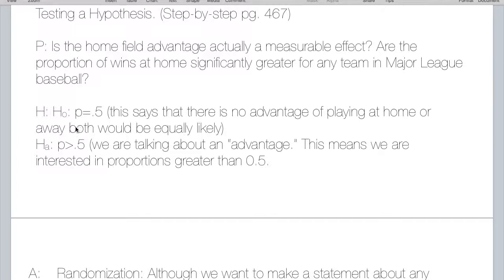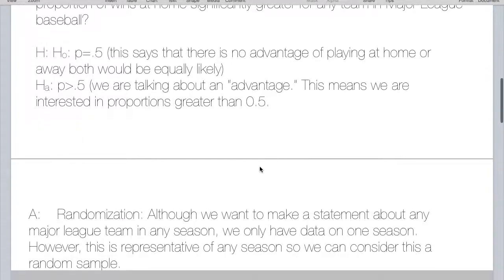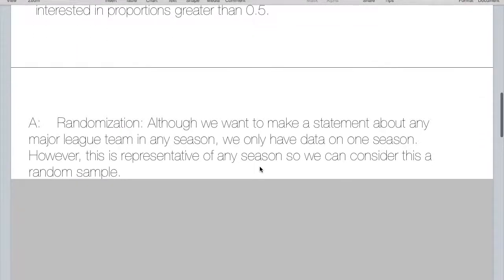And here is where we have to write an alternative. We assume that it is an advantage, so that would mean that there's more than a 0.5 chance of winning the games at home. The question is, is 54.26% too big, right?